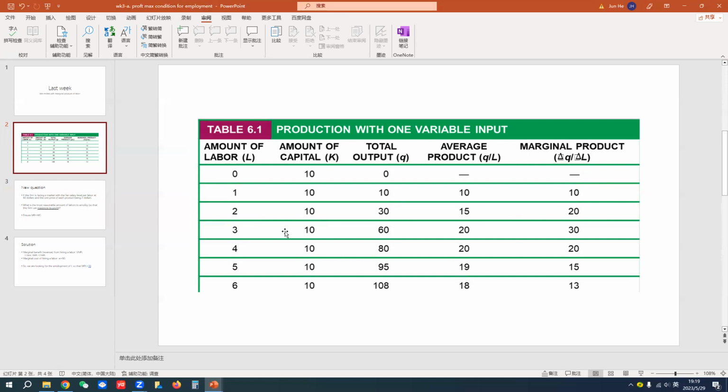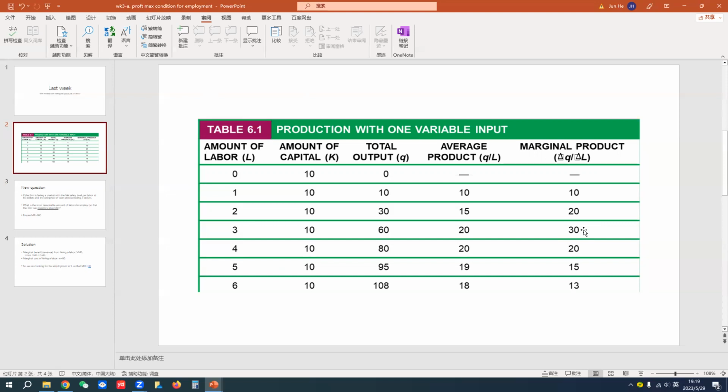The increment in output due to the employment of the third worker is 30. All right. So here, the marginal product actually tells you how much more output each laborer can produce, right? So that's the gain from the employment of each worker.